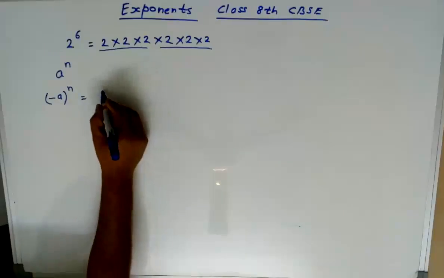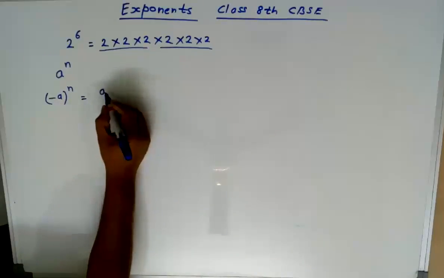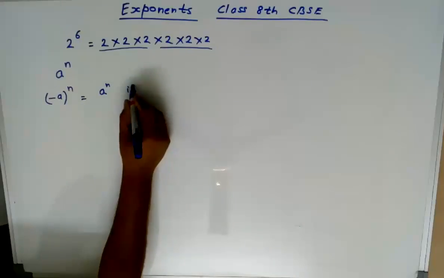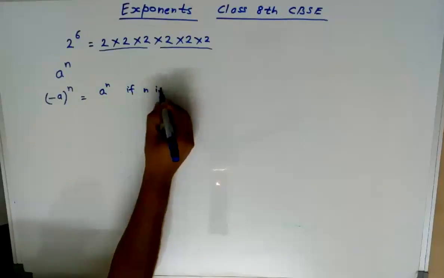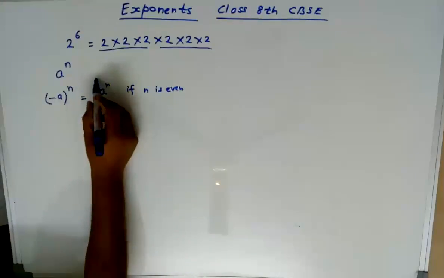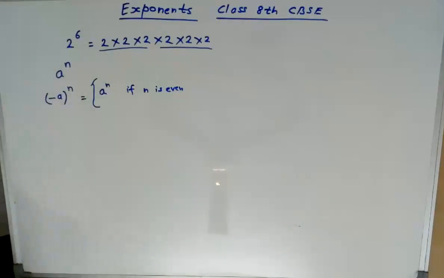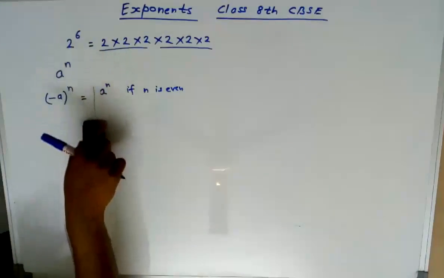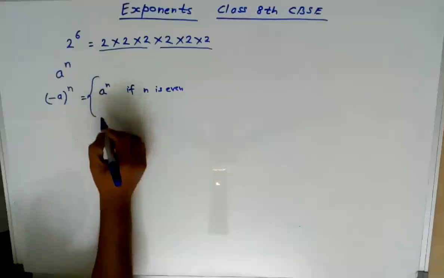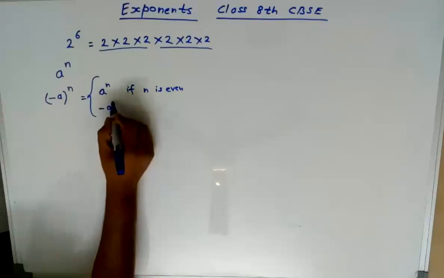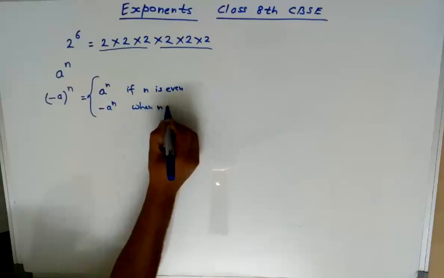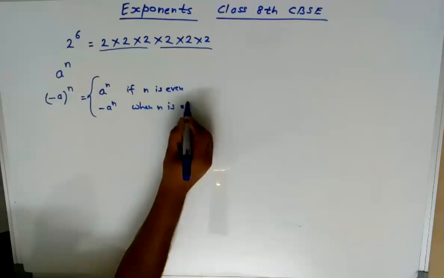It will be positive a raised to the power n if n is even, and it will be minus a raised to the power n when n is odd.